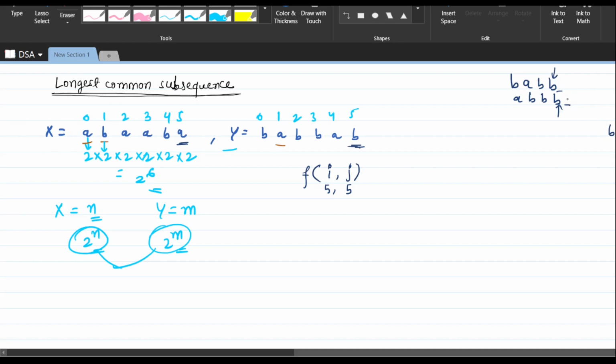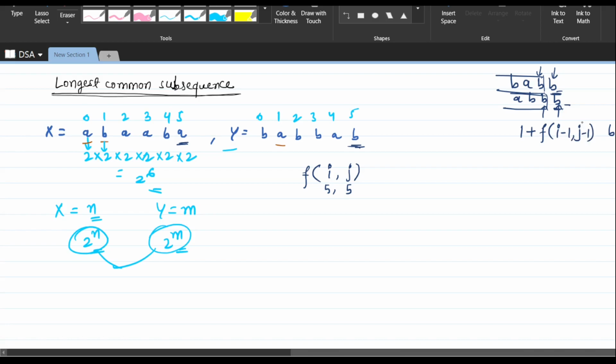Then we can check the further string by decrementing the ith counter and jth counter, and check what the longest common subsequence is for the left string. So the possible answer is, we have found one common letter, so it will be 1 plus whatever is the answer for the left string, which is i minus 1, j minus 1.